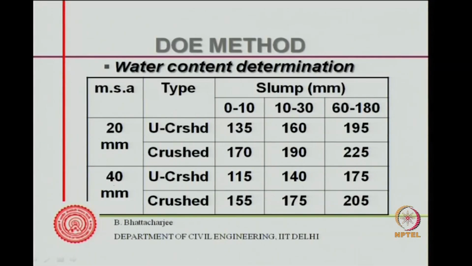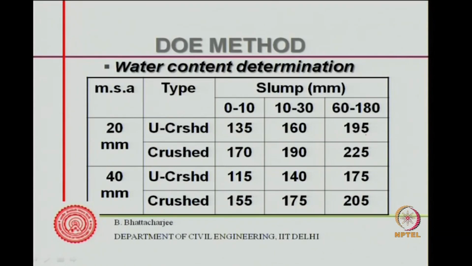So for various MSA, 10 mm, 20 mm, 40 mm, for uncrushed and crushed aggregate, it gives you the water content for various slumps. For example, in our case it was 80 mm slump, we would have used possibly 195 kg per meter cube of water, which the IS code gave us as 167.